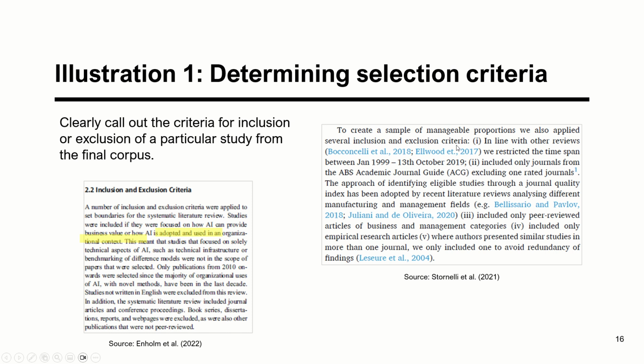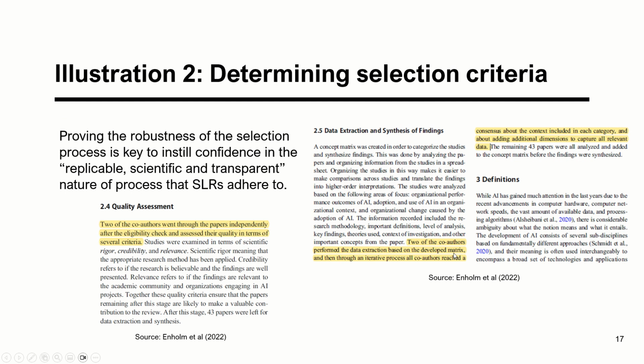Again, over here, they've called out, more in points, several inclusion and exclusion criteria: restricting the time span, including only those from the ABS Academic Journal Guide, excluding one-rated journals, only peer-reviewed articles, included only empirical research articles, and so on. Now, again, when we discussed in the first session, we were talking about replicability and transparency and scientific approach, right?